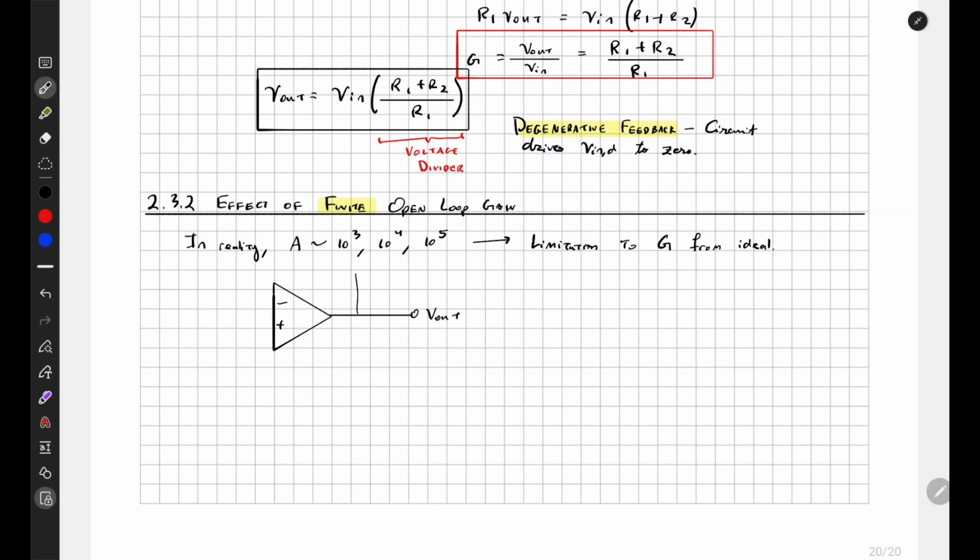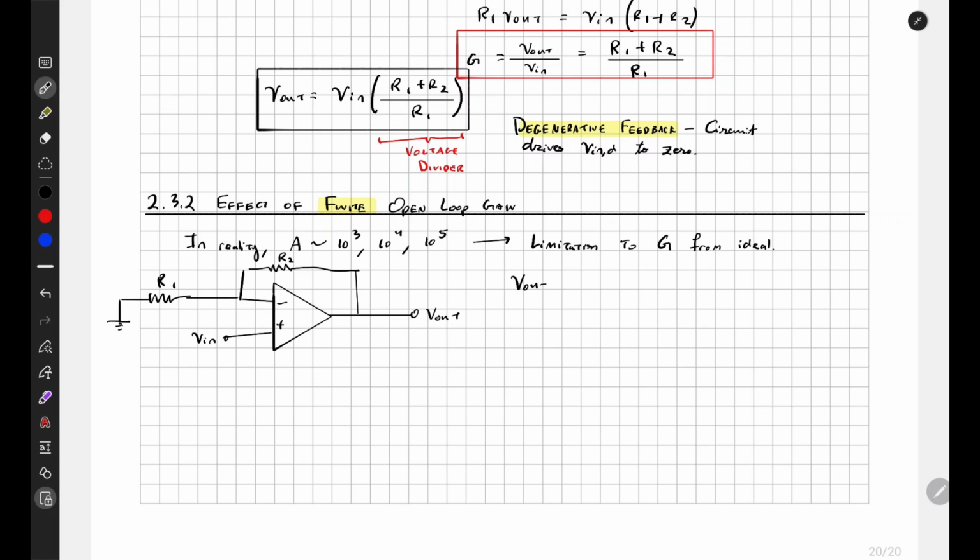So I'm just redrawing the circuit, and then we have the input and output. Okay, let's go back to the fundamentals of what the op-amp does.